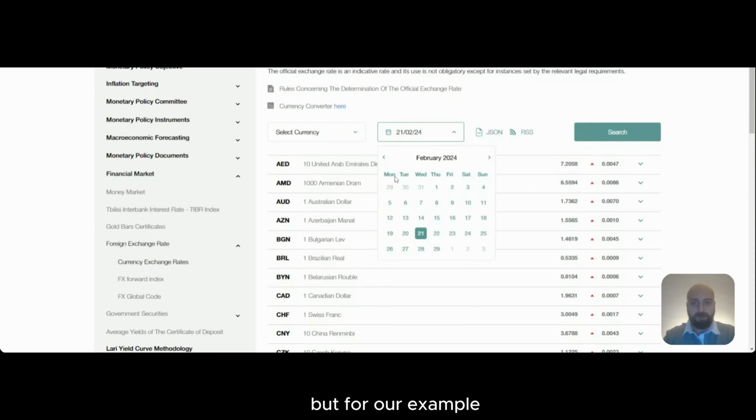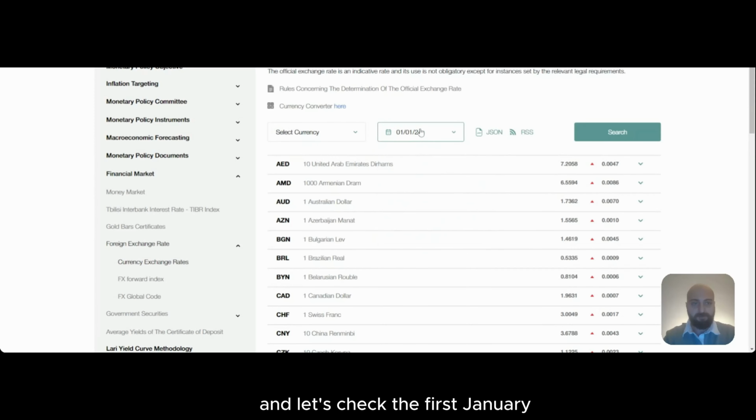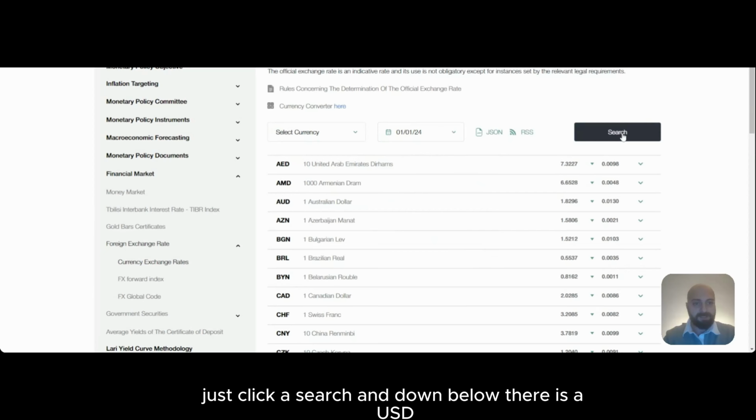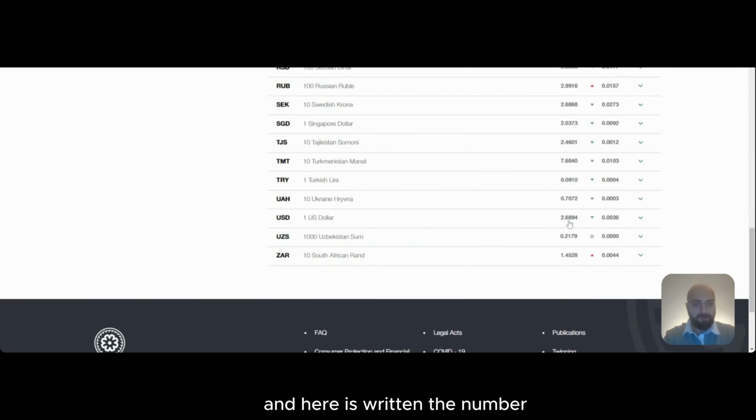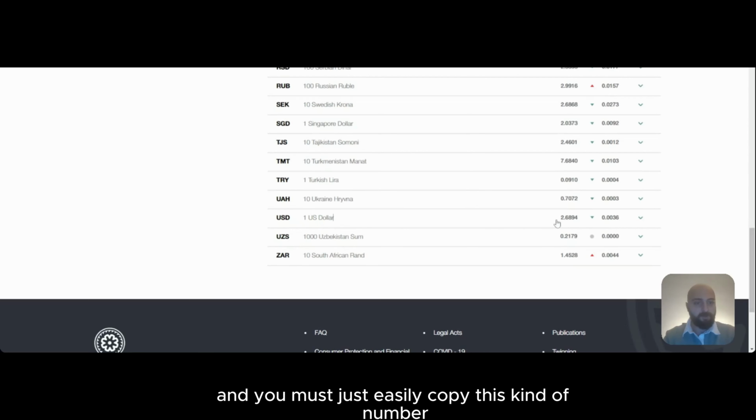For our example, as far as I remember, Alex got 100 USD on the 1st of January, so let's check the 1st of January. Just click search, and down below there is USD, and here is written the number. This number was the exchange rate between USD and Georgian lari exactly on the 1st of January, and you must just copy this number.